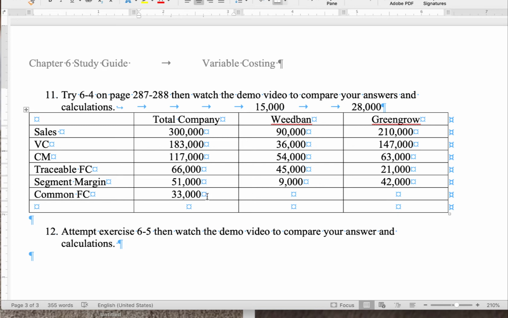So I take my $51,000 of segment margin, subtract out my common fixed costs of $33,000. I end up with $18,000. And that is my net operating income for the company.